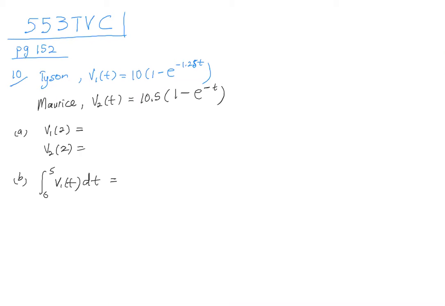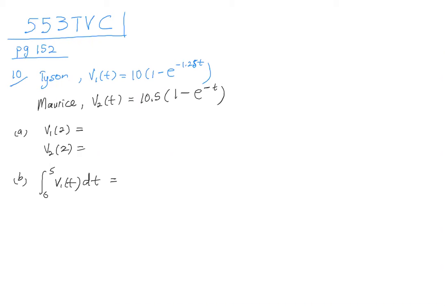Is it the displacement of Tyson from 0 to 5 seconds? Okay, any others? Chian? Yes, Miss. Displacement from 0 to 5 seconds. Total distance travel. Okay, total distance travel by who?